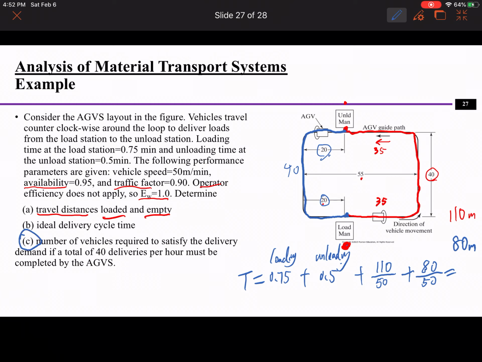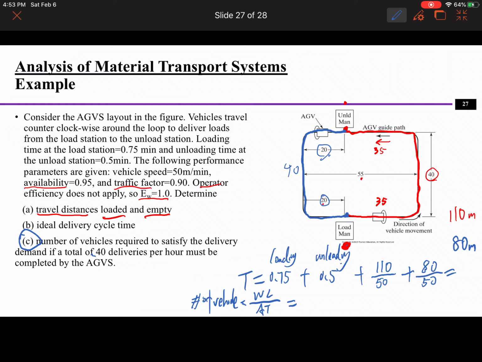In terms of the number of vehicles required, we need to use the total workload divided by availability. The total workload will be the frequency times the cycle time.